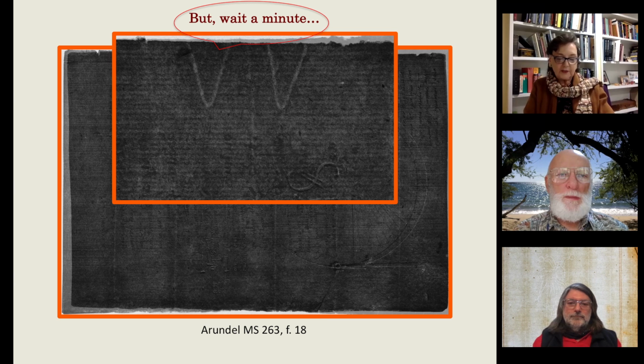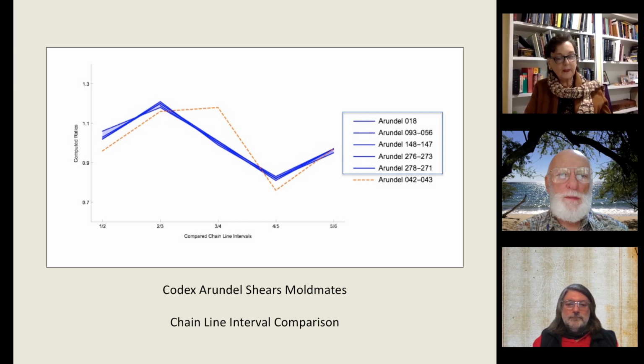For confirmation, we can turn to 2 other manufactured patterns found in paper, the chain line intervals and the laid line densities. Regardless of whether their watermarks are fragmentary or complete, all the papers having Shears watermarks still have 6 chain lines, whose spacing across each mold is unique to that mold.